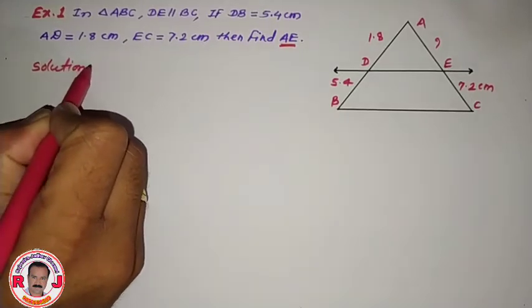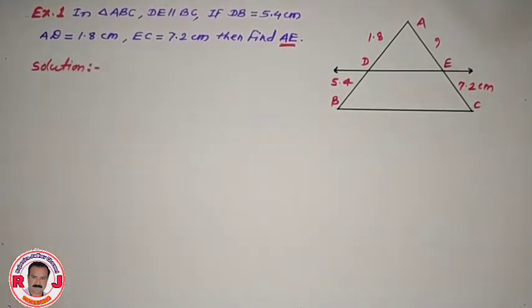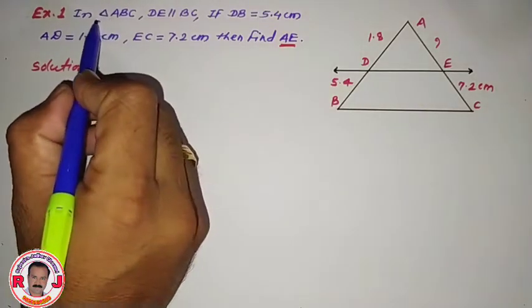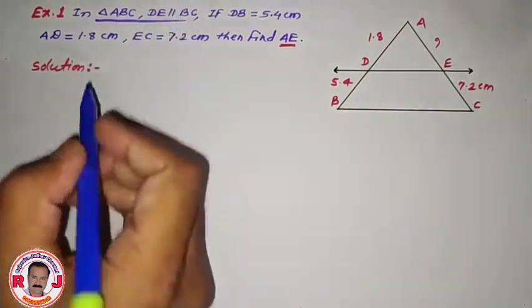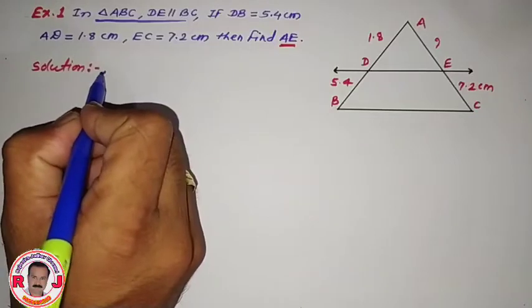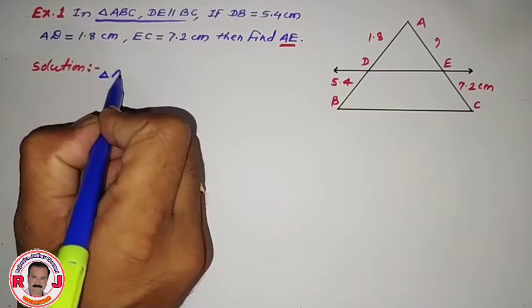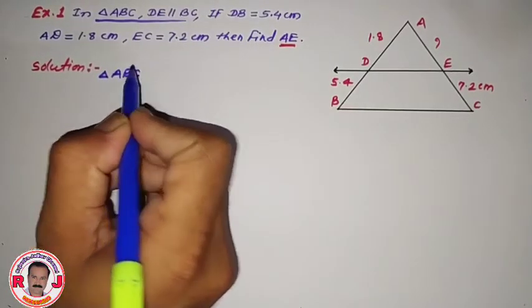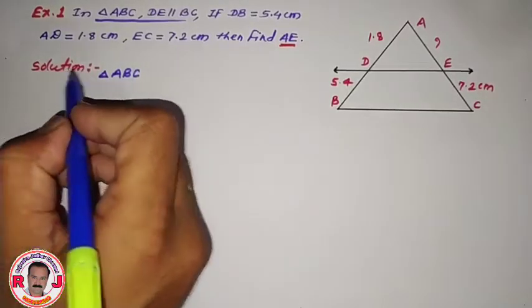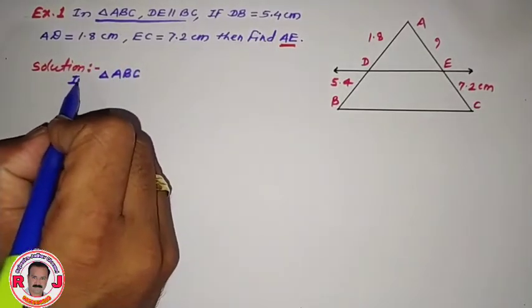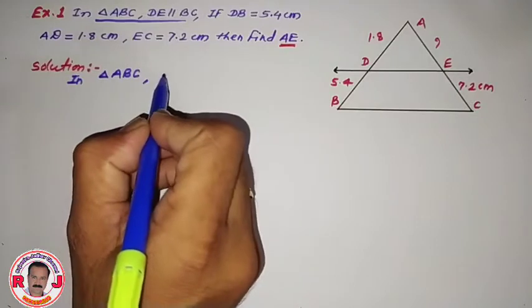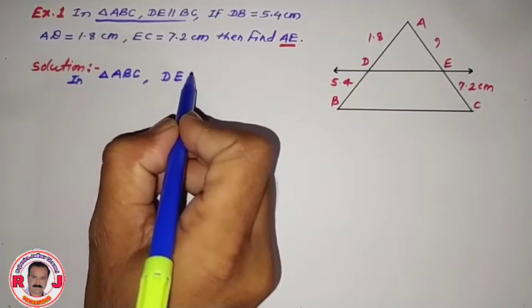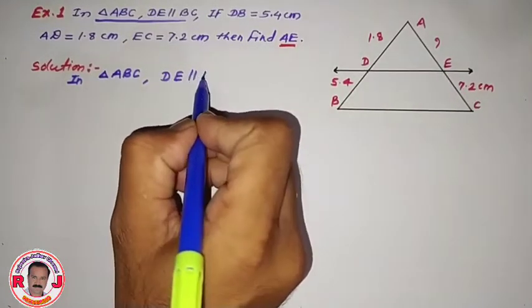Solution. Write down the given part of this example. In triangle ABC, DE is parallel to BC.